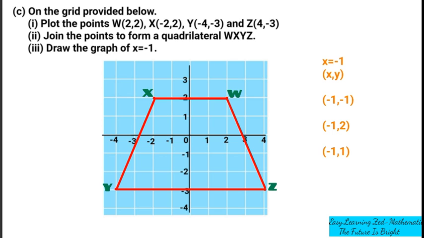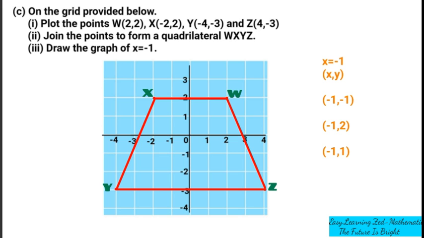Even if you used different coordinates like -1, 5, -1, 8, or -1, 100, the graph you are going to come up with will be the same. So I'm going to plot this.